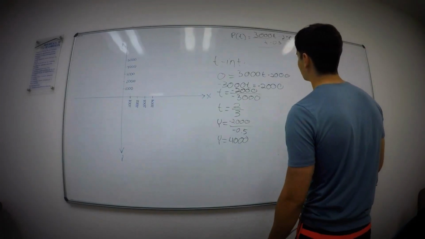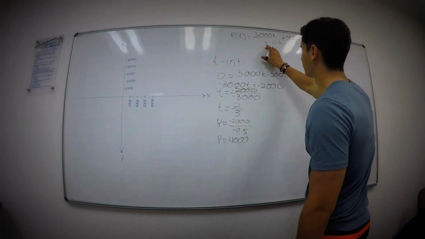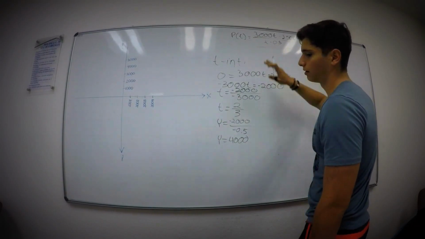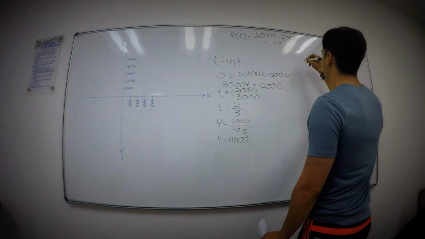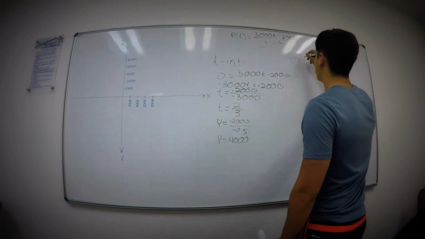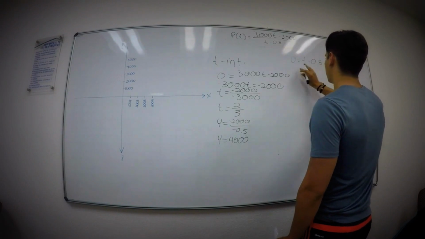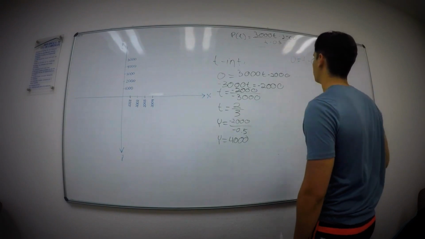In order to obtain the domain, we take the number that cannot be used as a t, making the bottom part 0, as we cannot divide by 0. So we make 0 equal to t minus 0.5. We use only this part of the equation.